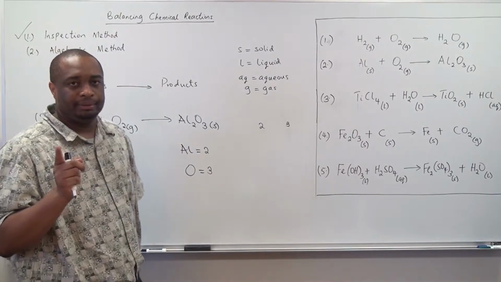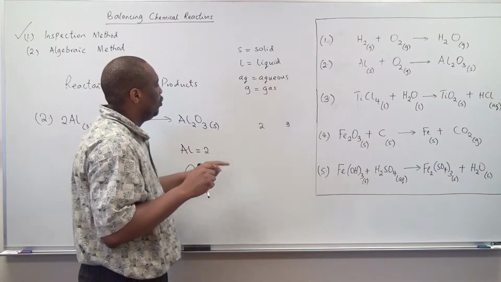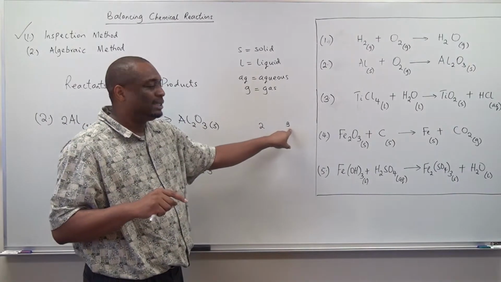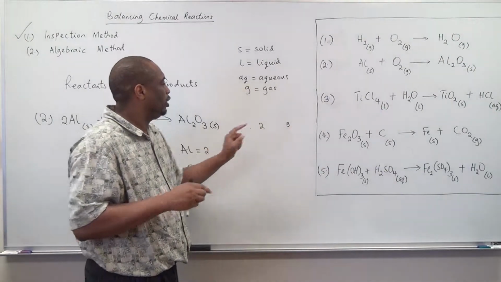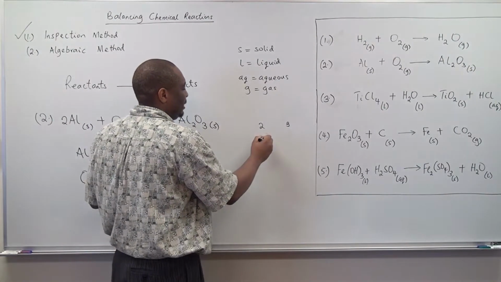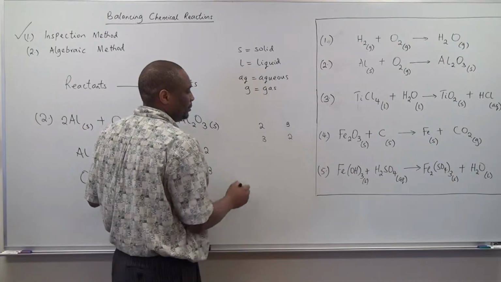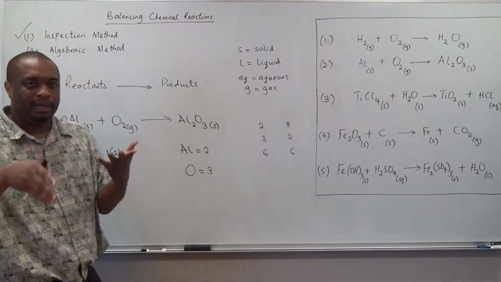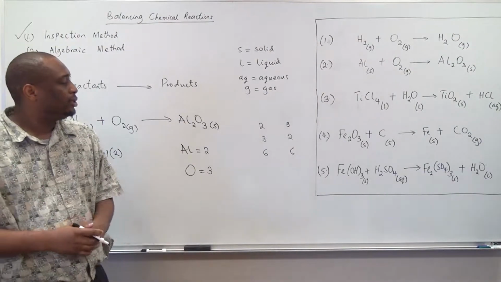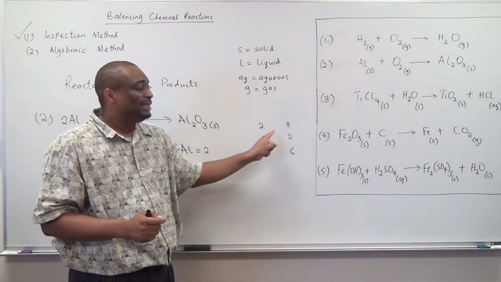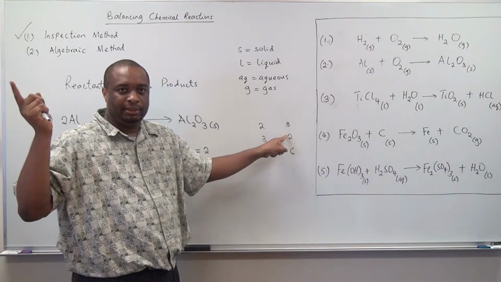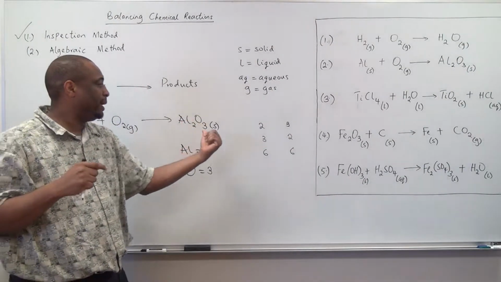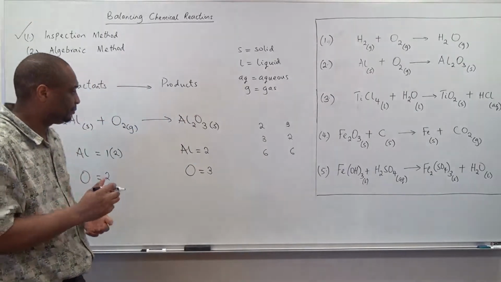If you can recall, when you want to do elimination, if this is 2 and this is 3, all you need to do is multiply this by 3 and multiply this by 2, so that you now have 6 and 6. And then you can cancel out. So this is the process we use in the elimination method in mathematics. We want to apply it in chemistry to balance it, to see the connection.